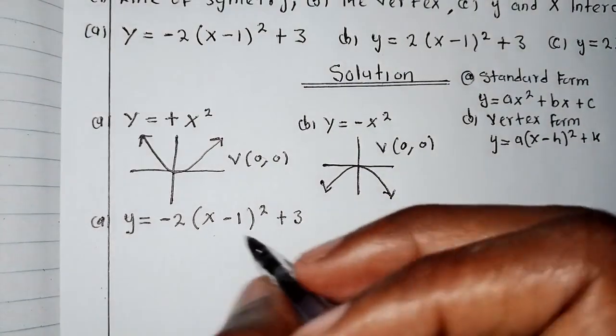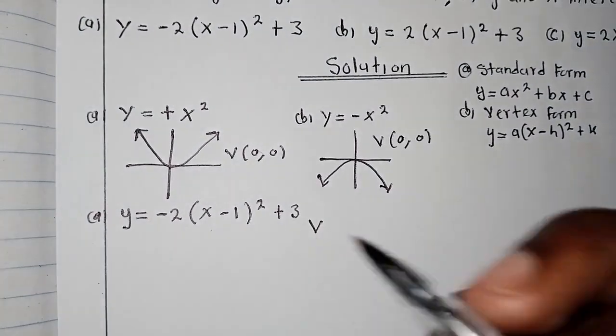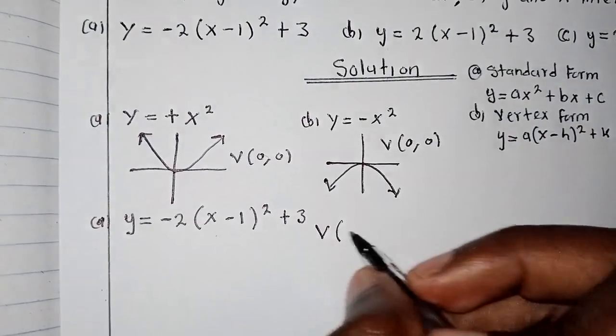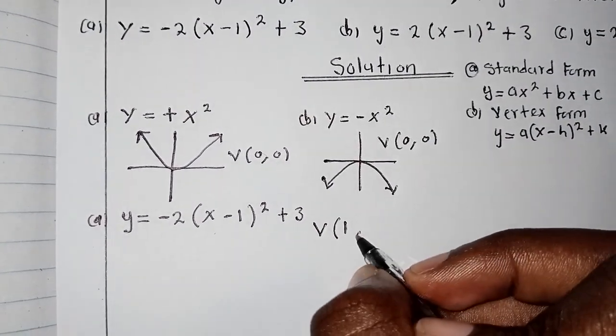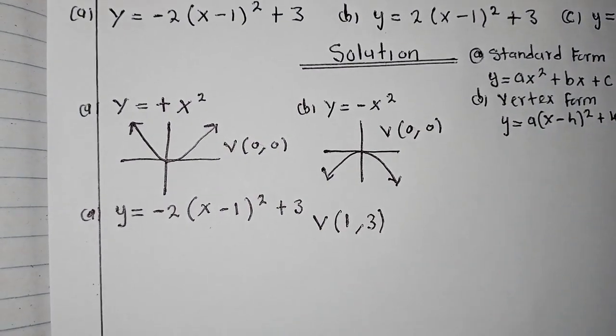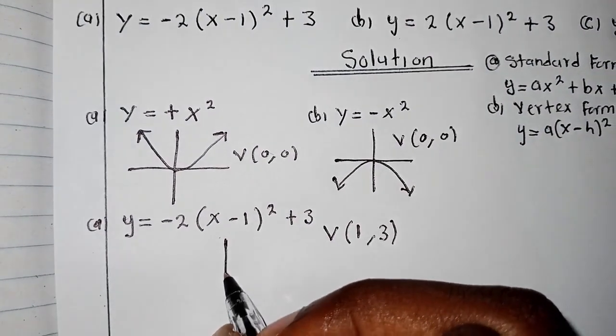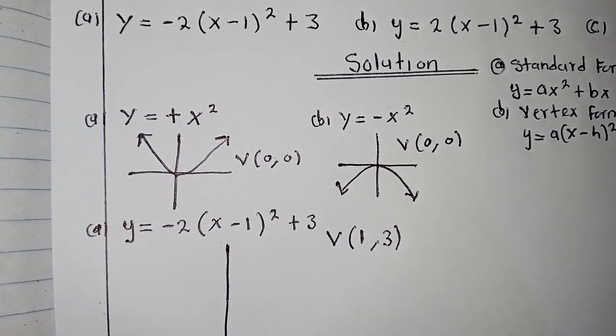So of course we can deduce our vertex from here. Our vertex is simply 1, 3. Then from here we can do the needful.